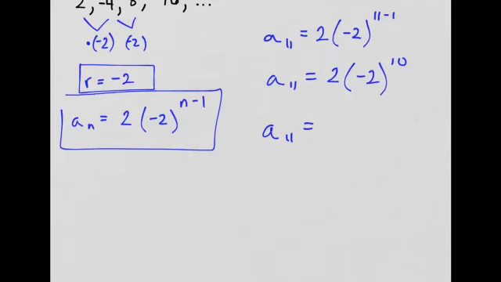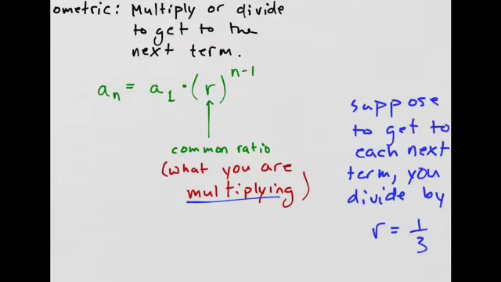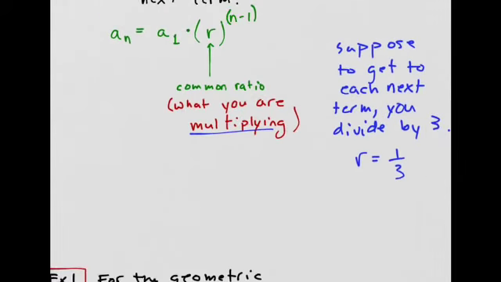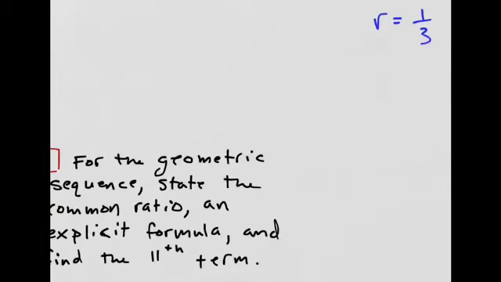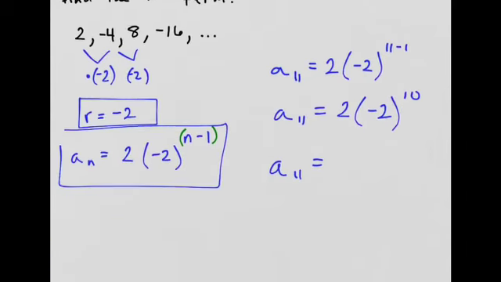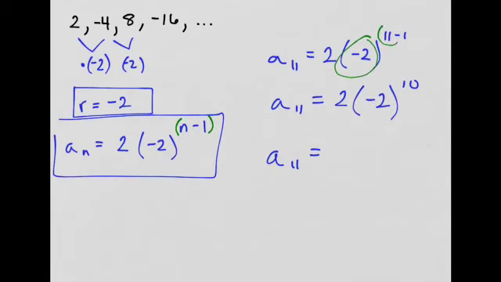So that's how I get 11 minus 1, and it's the 11th term. It might help you if you put the n minus 1 in parentheses, because you really have to do that first. That way you know when you plug in something, do that subtraction first. Don't do the exponent. You don't want to raise it to the 11th. You want to subtract first to get a 10.